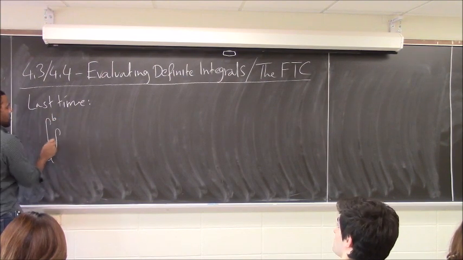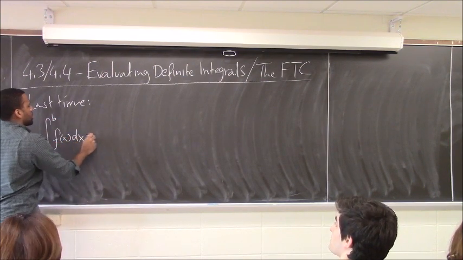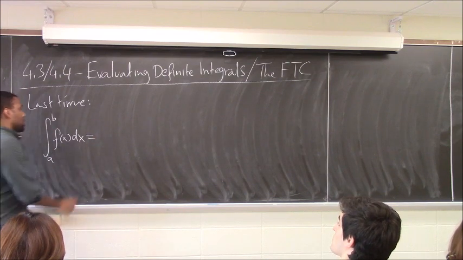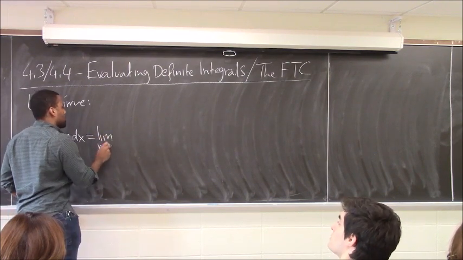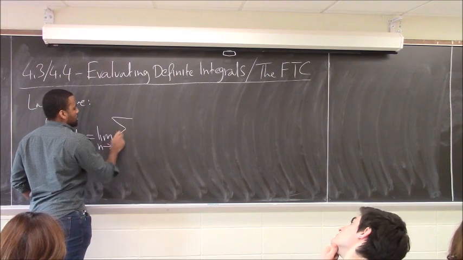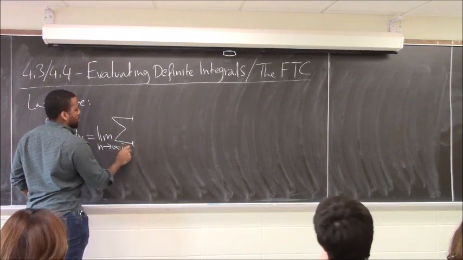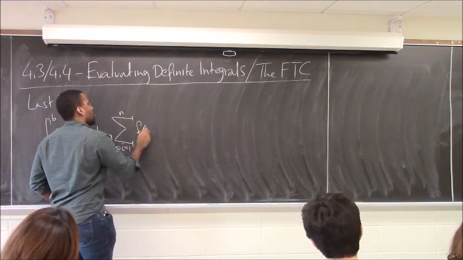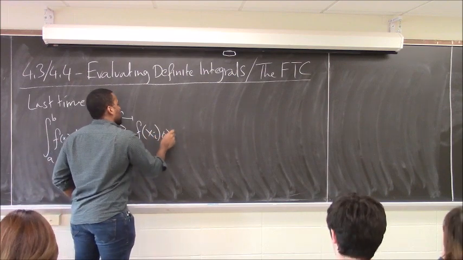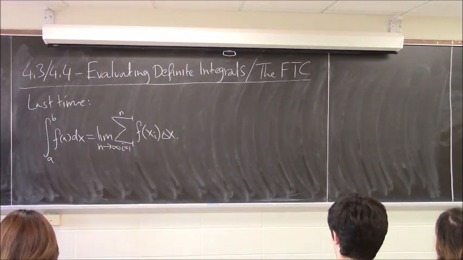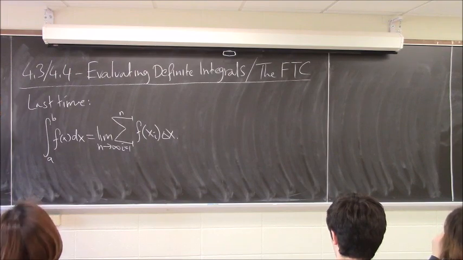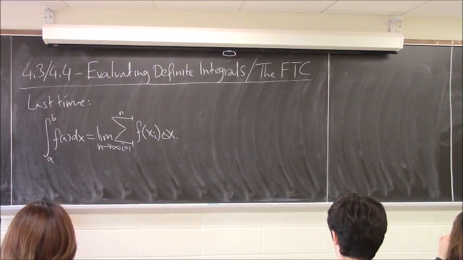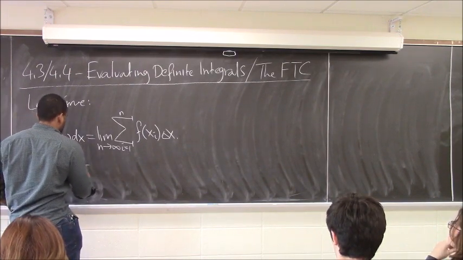It has that symbol, f of x dx, and it was defined by an infinite Riemann sum. That is a sum whose purpose is to add up the areas of rectangles under a curve, set up somehow under a curve, and we call this the definite integral.